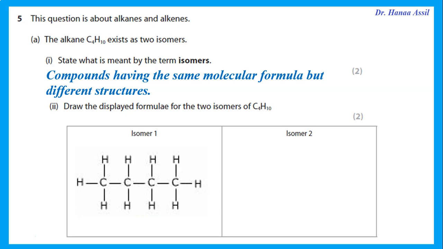Instead of having all the 4 carbons after each other, I put one of them in the middle, not on one end, in the middle. Please don't put that CH3 on one end, because that would be the same as the first one. So we take one of the carbons, put it in the middle, complete the structure so that all the carbons have a total of 4 bonds.